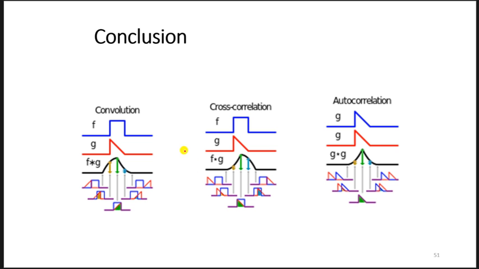Right, so in conclusion, in this diagram you can see that for convolution you have two different sequences, and you have to do the folding, so you see there's the folding of g.